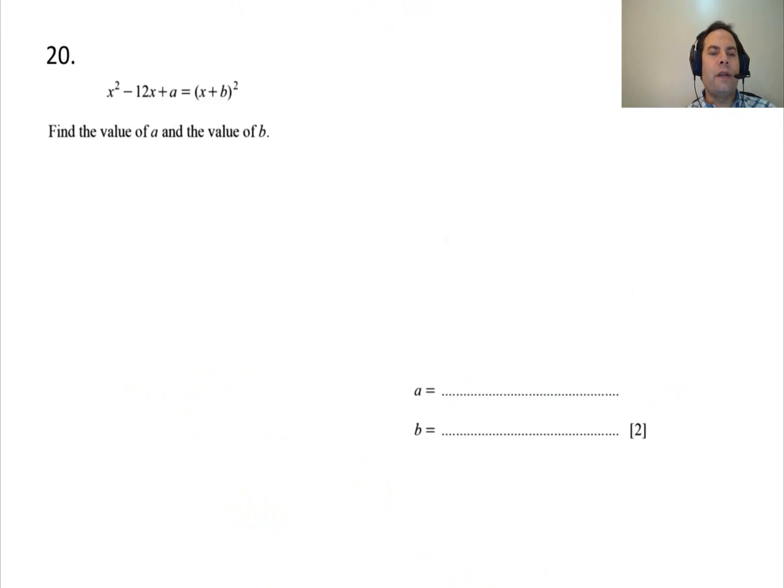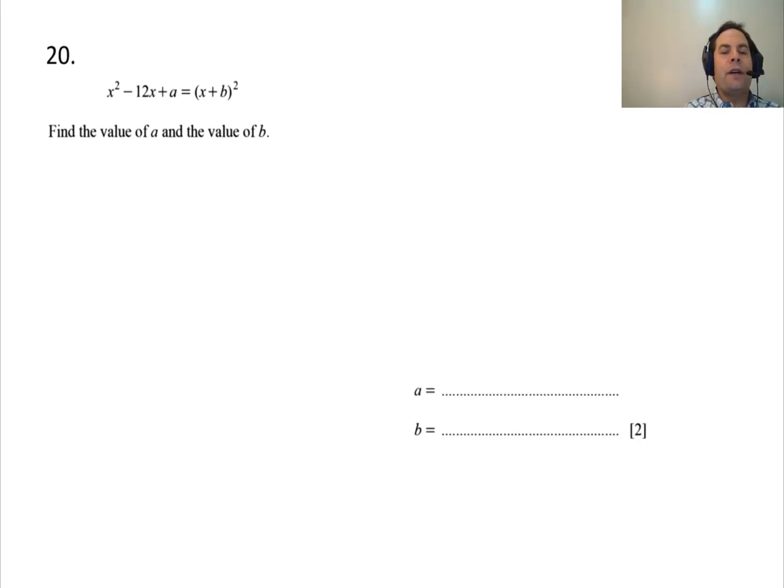Question number 20. x squared minus 12x plus a is equal to x plus b all squared. This is called an identity, which means the left hand side is equal to the right hand side for all values of x. Let's start by expanding the right hand side.